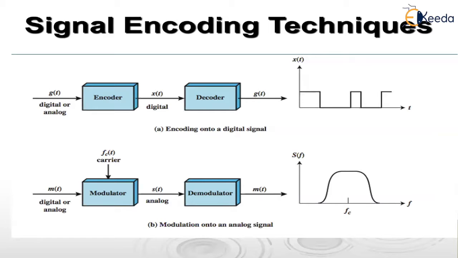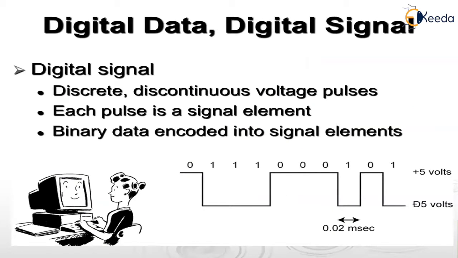Then we will see the first technique, digital data, digital signal. Encoding digital data into digital signals is a very popular signaling technique, or signal encoding technique. We know that a digital signal is a sequence of discrete, discontinuous voltage pulses, as shown in the figure.